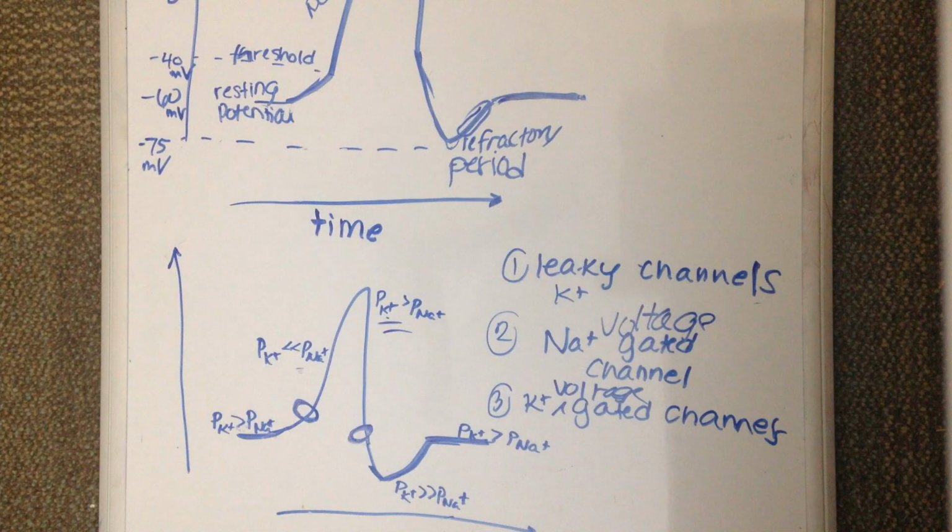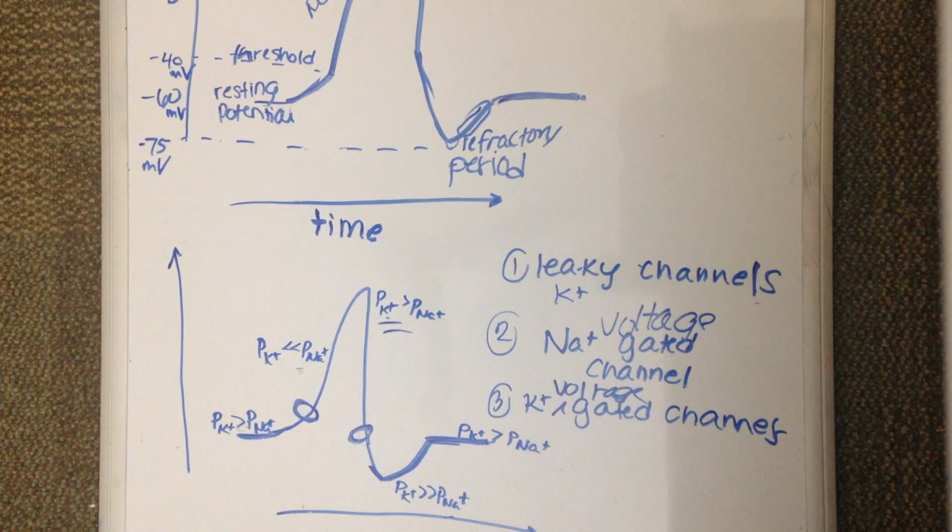That sounds like a lot of jumbo, so let's break it down. What's the Nernst potential? That's basically the difference between how much concentration of a certain ion is inside versus outside. The potassium Nernst potential is around negative 70 millivolts. The sodium Nernst potential is around 30 millivolts.